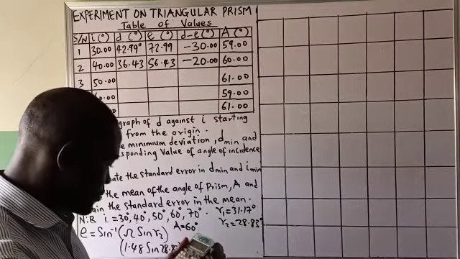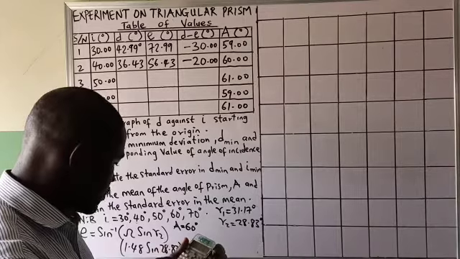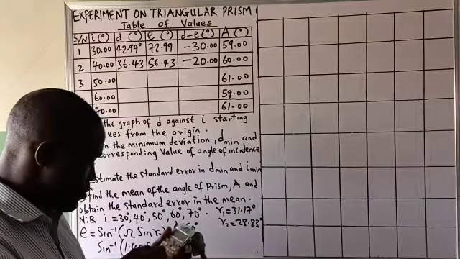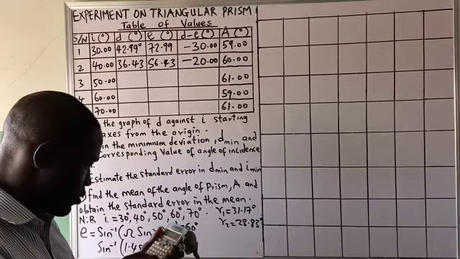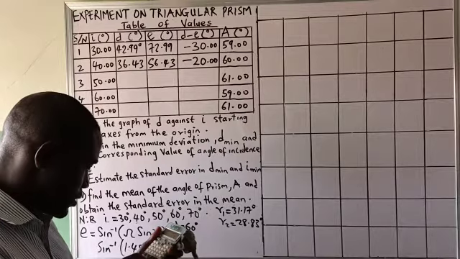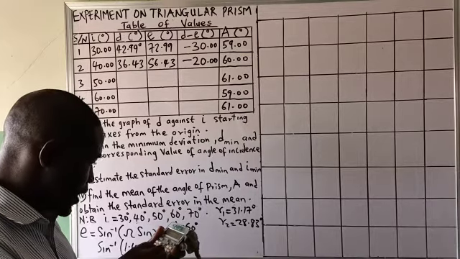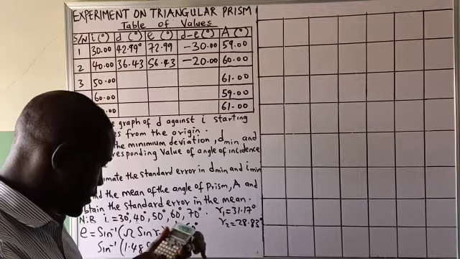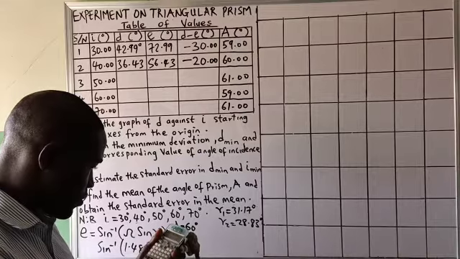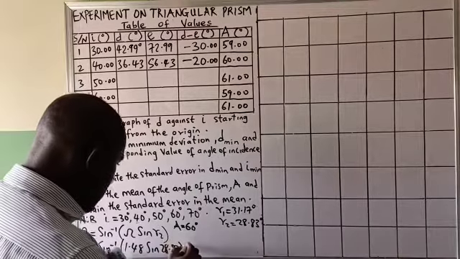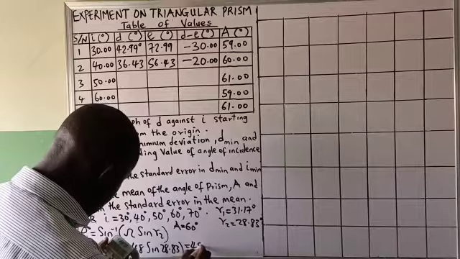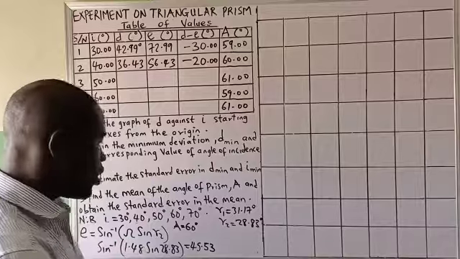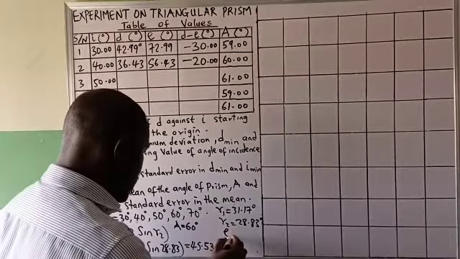We now say shift sine bracket 1.48 times sine 28.83. That will be giving us 45.53.